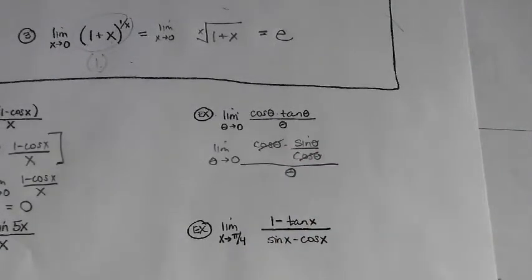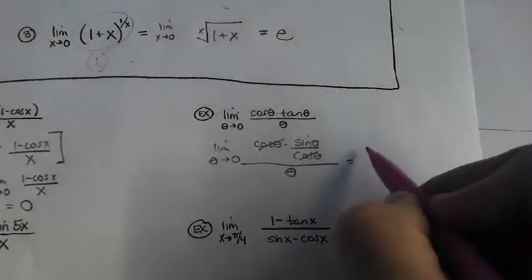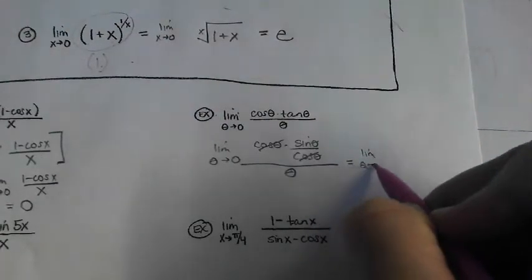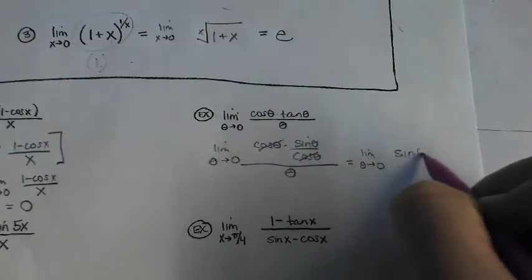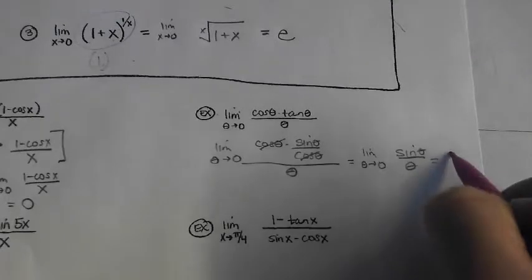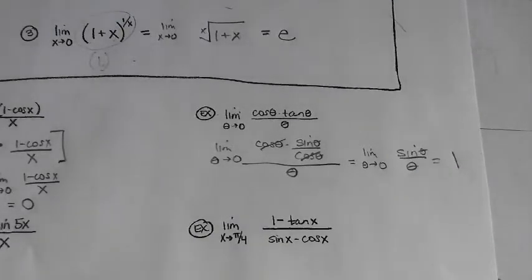And then we're just looking at the limit as theta approaches 0 for sine theta over theta, which is one of our properties. That's just one. Okay?